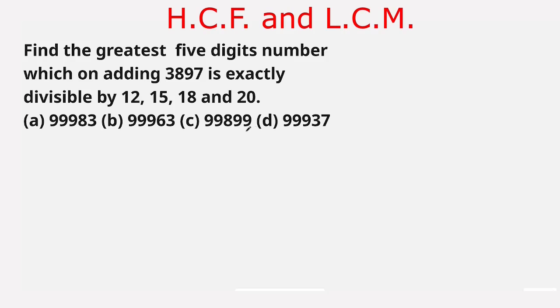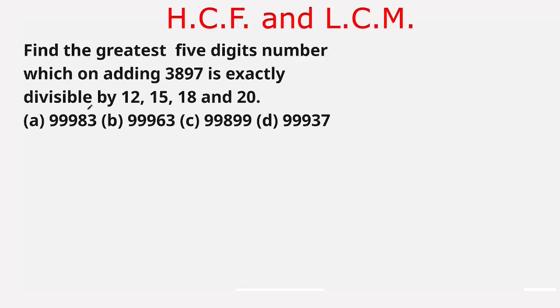This is not ending with 0. So option C cannot be our answer. And option D, the last digit of option D is 7. If we add 7 to it, it will be 14 or ending with 4. So D cannot be our answer.